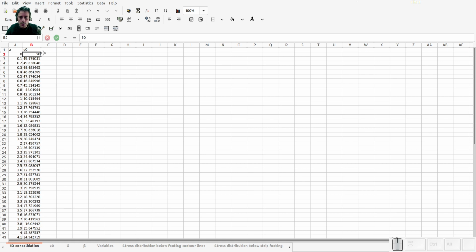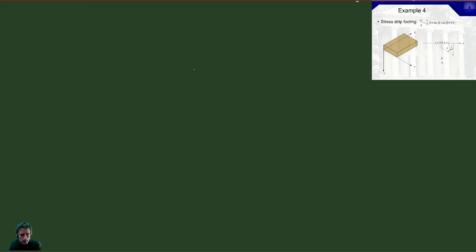Now we are saying that we have dual drainage, so that's one of the limitations of the 1D analysis, right? Because in 1D we have to assume that although we have a finite size to our footing, we are assuming in 1D drainage that water moves straight up.